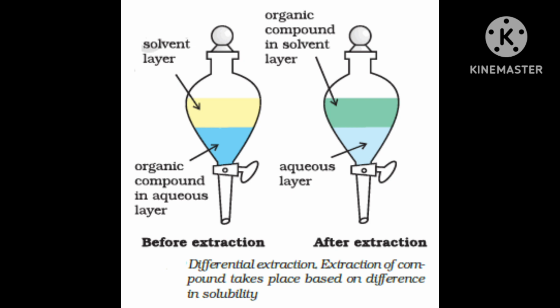Means on the stationary phase you will pass some suitable solvent or mixture of solvents, or mixture of liquids, or sometimes gas. This is passed slowly over the stationary phase.